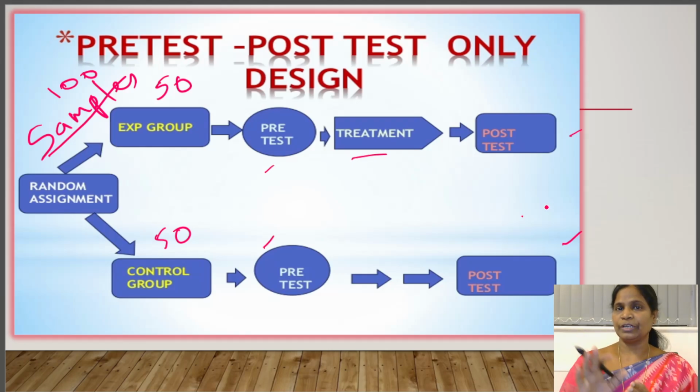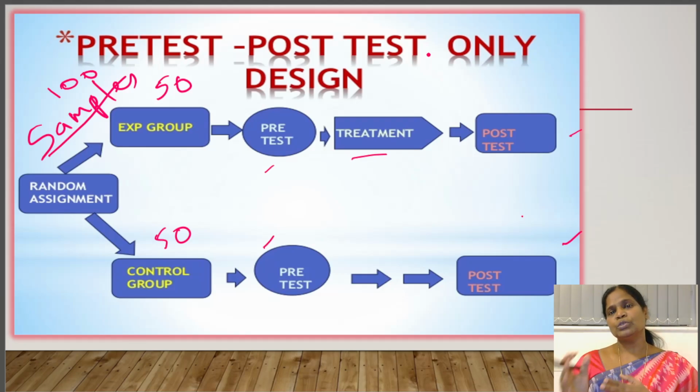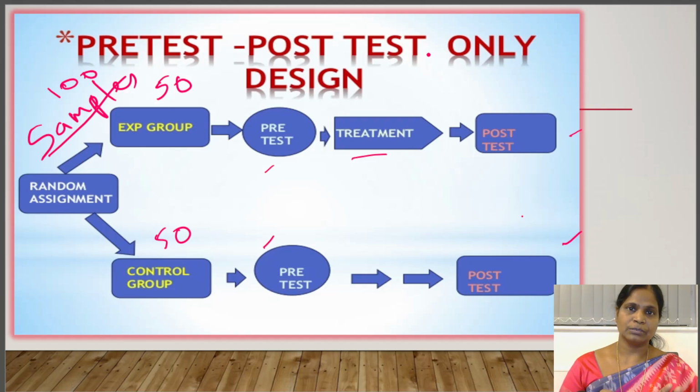That is how you try to prove it. So I hope you got an understanding. The pre-test, post-test design includes an experimental group and a control group. In the control group, no treatment, but in the experimental group, we give treatment. And the pre-test and post-test are common for both groups, experimental as well as control.